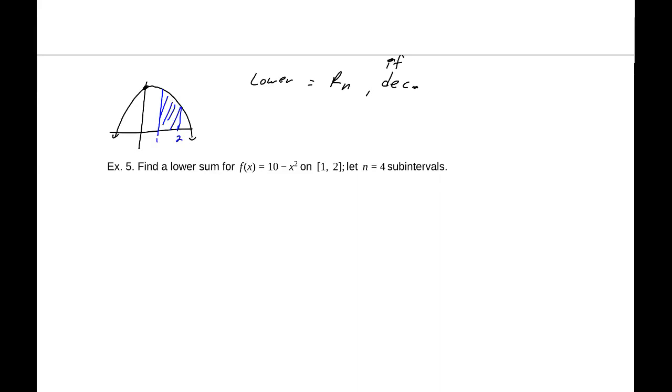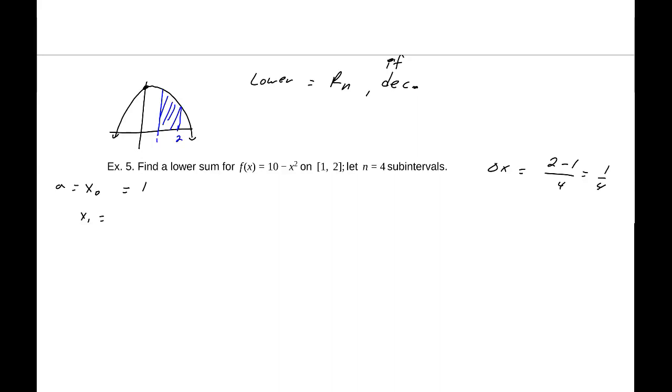Alright, so let's go ahead and work this out. So a being x0 is 1. Oh, we need to know delta x. b minus a over n is 1 over 4, which is 1/4.